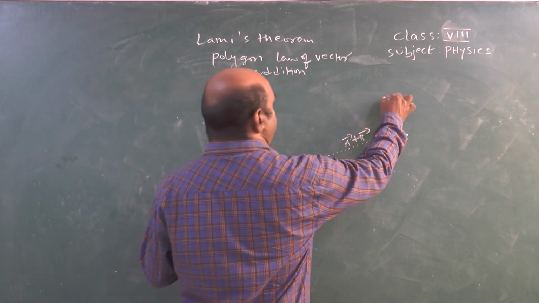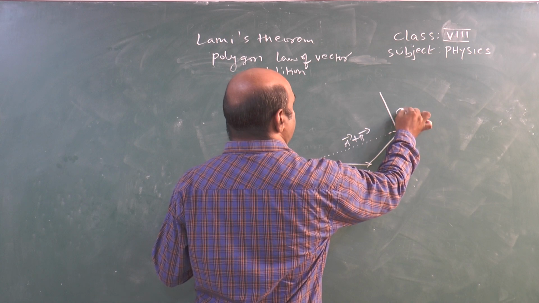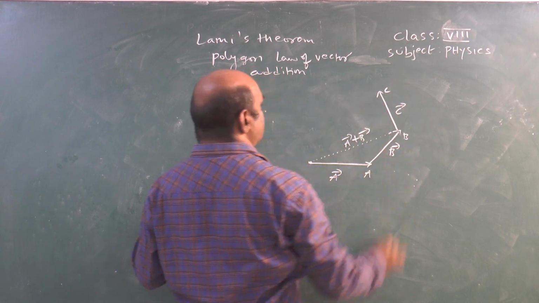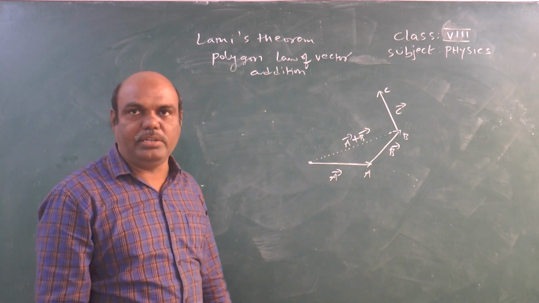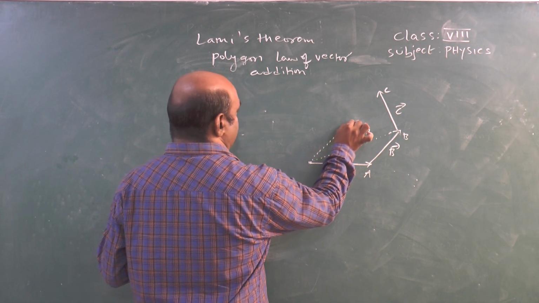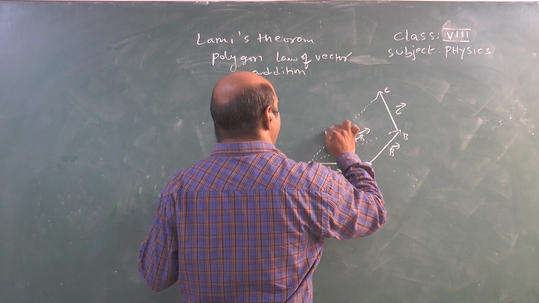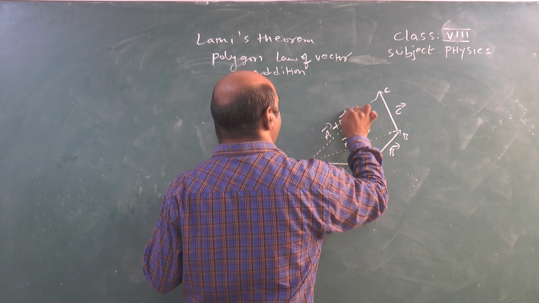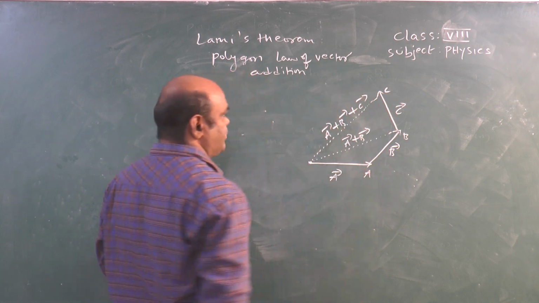Now here if you consider the C bar vector along this direction, this is the C point, then this is represented as A bar plus B bar plus C bar.